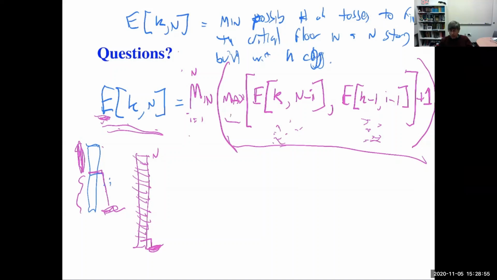Max is the worst case part of the amount of work. I presumably want them to be about the same amount of work. To minimize the maximum, I probably want the two of them to be about the same. Okay? But I don't have to think that through. I know that I'm going to minimize the maximum this way.